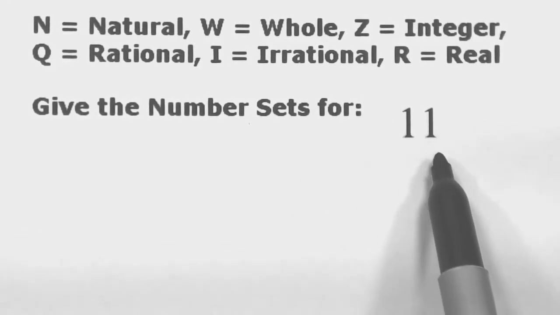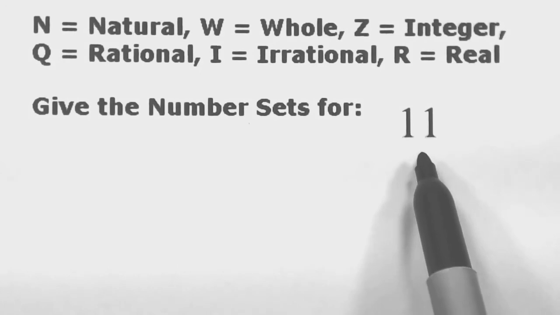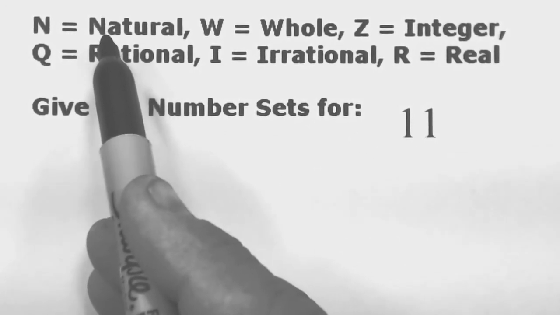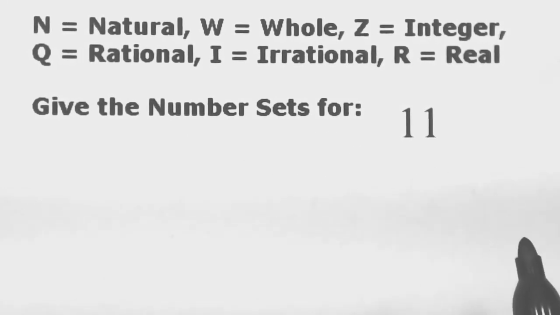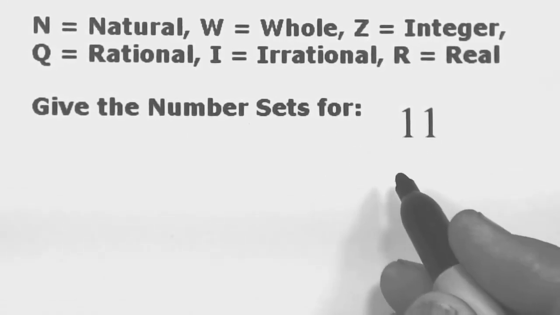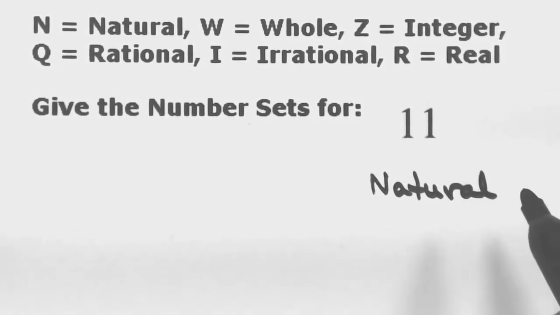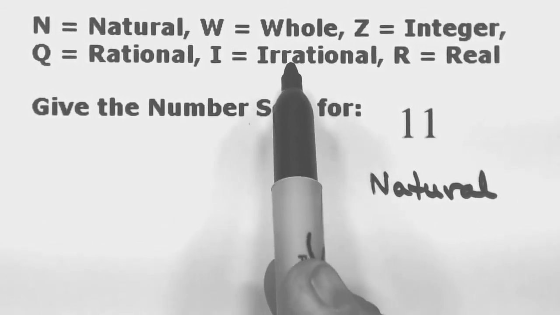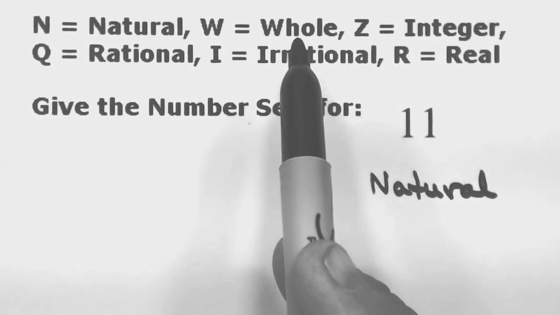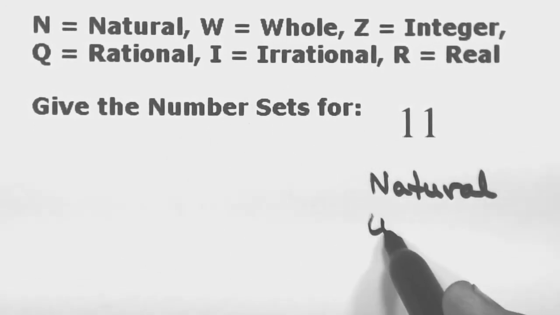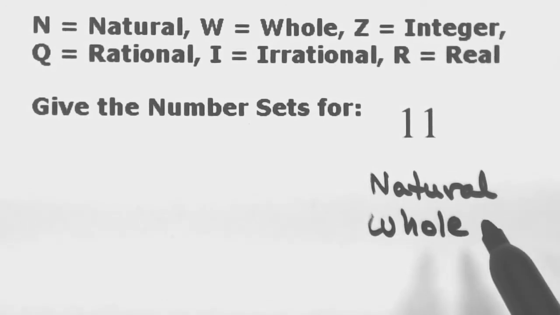11. Okay, first off, is that something we're going to run into when we count? Well, we would certainly run into 11 when we count, so it is definitely a natural number. Remember, the whole numbers are just like the natural numbers, with the addition of 0, so this is also a whole number.